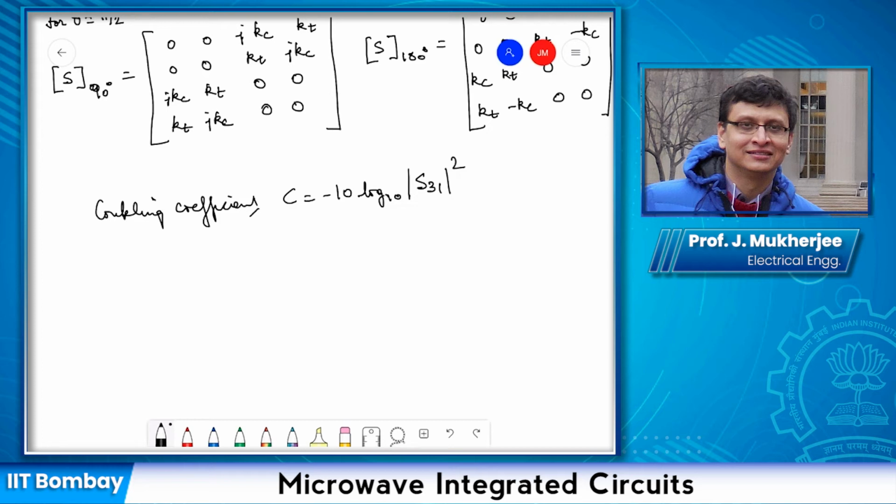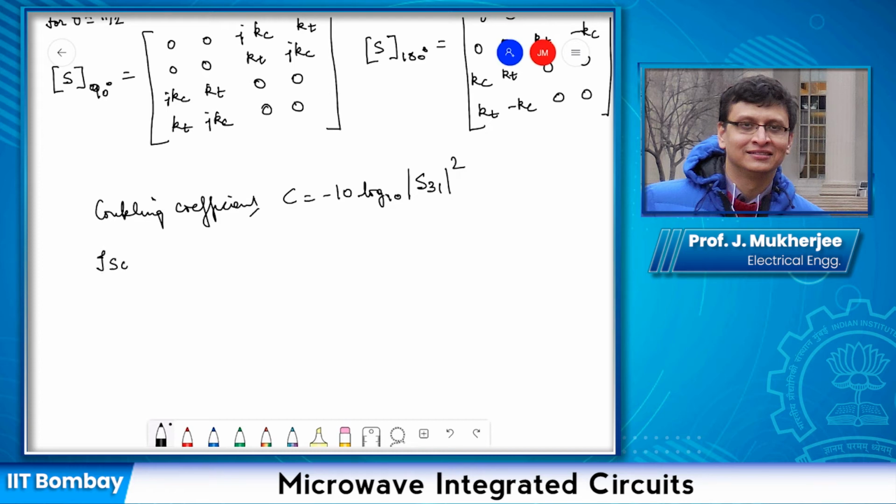So if S31, for example, is very low, then C will be very high and positive. So if the coupling is not good, then C is very high. If the coupling is very good, that is say S31 is nearly equal to 1, then C has a low value.